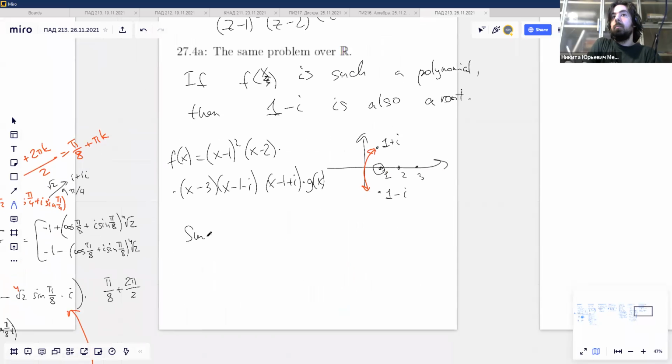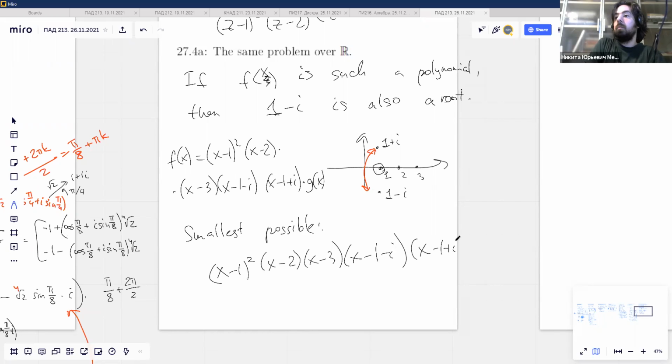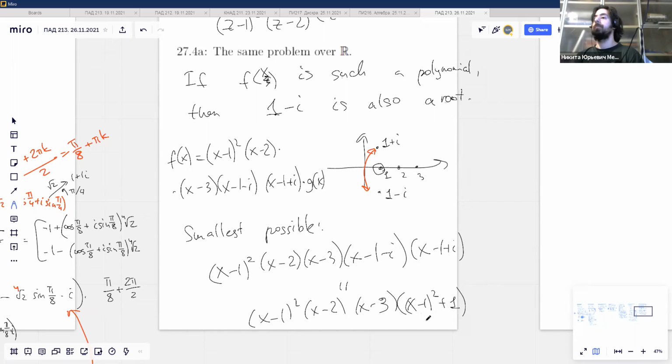And again, the smallest possible is simply this one without any g. I can simplify this part, canceling the imaginary part, by writing it like this.